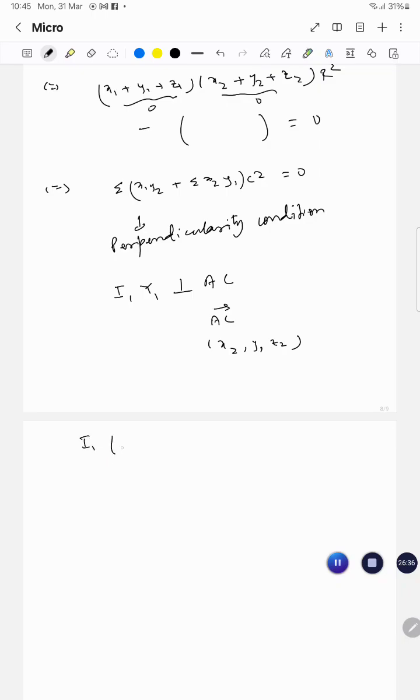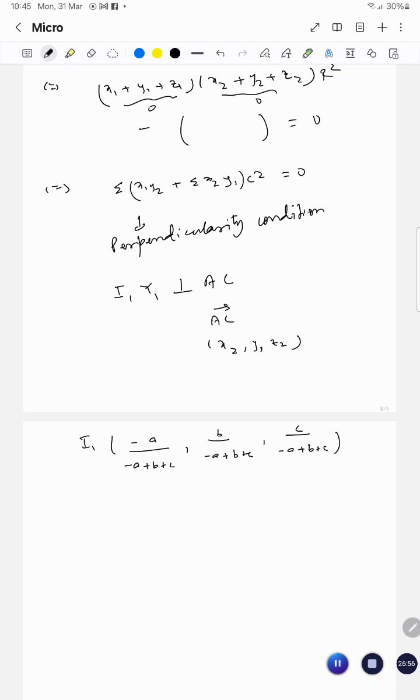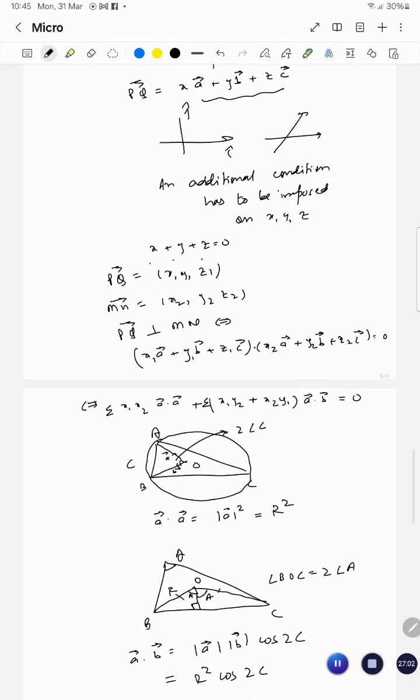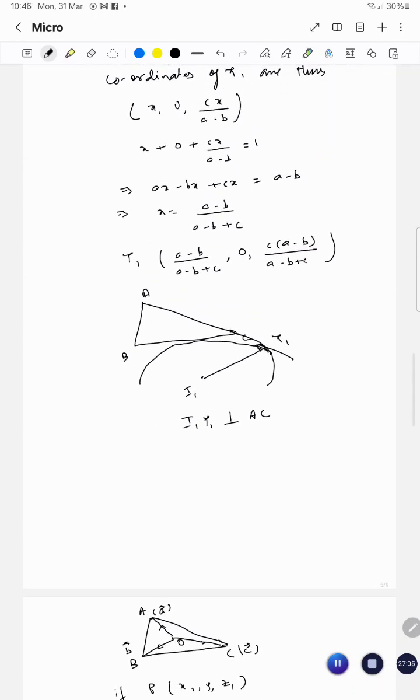So I1 is minus A upon minus A plus B plus C, B upon minus A plus B plus C, and C upon minus A plus B plus C. And Y1 was obtained earlier as this.